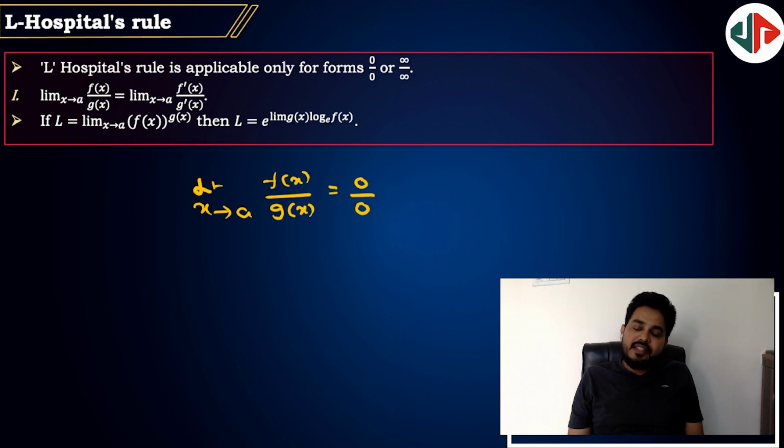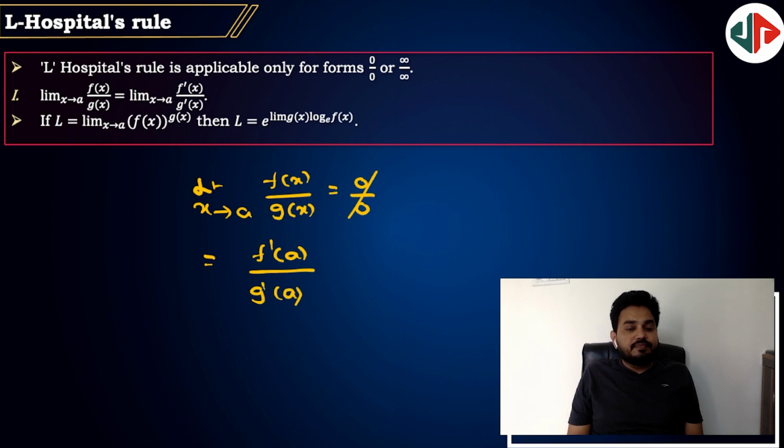In that particular situation, simply differentiate the numerator and substitute x is equal to a. Differentiate the denominator, substitute a. Very simple, because when you differentiate, that x minus a term will cancel. Now, if this is again 0 by 0, don't worry, you go for the second derivative and substitute.